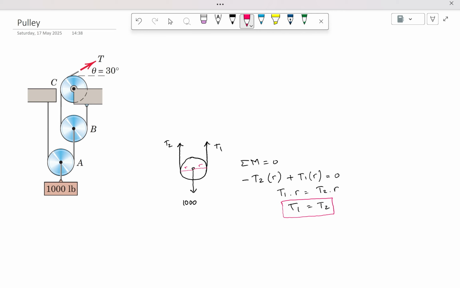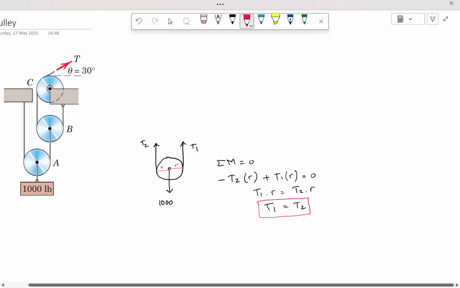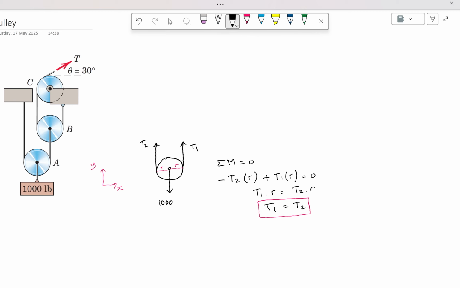Okay, and then how to calculate T1 and T2? From here, if we say that this is the X coordinate and this is the Y coordinate, you can write down that T1 plus T2 equals 1,000. That's coming from sigma Fy equals 0.